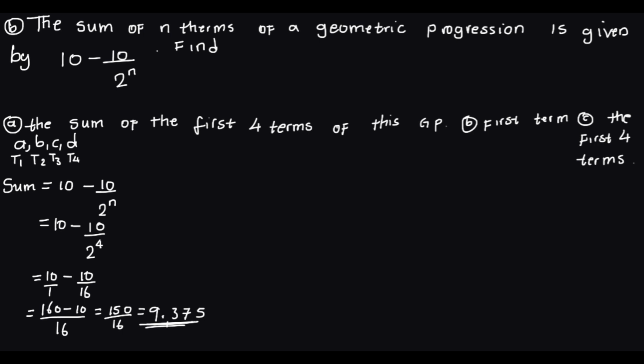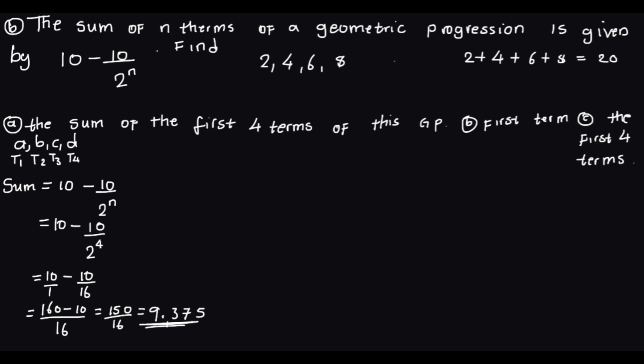Now let me first try to create another picture. If we have 4 terms, let's say 2, 4, 6 and 8, for us to find the sum of these 4 terms, we just need to add them. So it's 2 plus 4 plus 6 plus 8. So 2 plus 4 is 6, plus 6 is 12, plus 8 is 20.